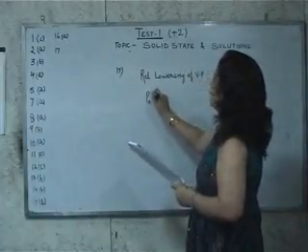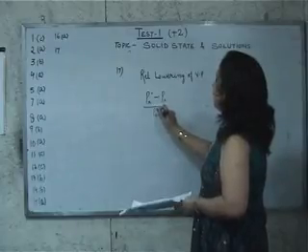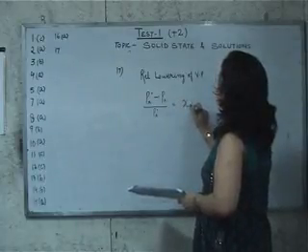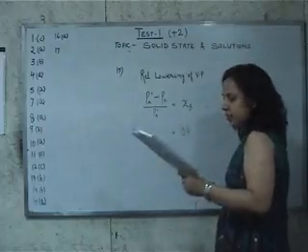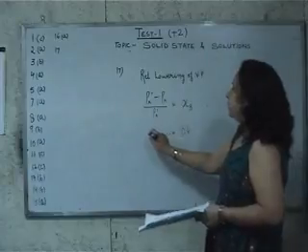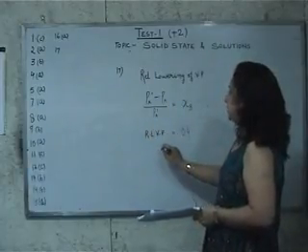The formula is PA naught minus PA upon PA naught is equal to XB. This is given to you as 0.4. Mole fraction is given as 0.4. It means relative lowering of vapor pressure is 0.4.